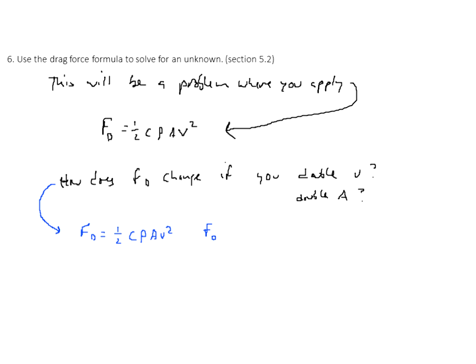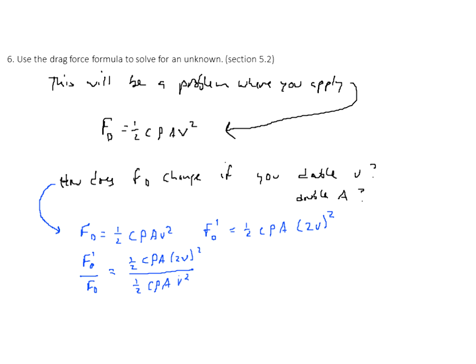So now the new one, we'll call that F prime, is 1/2 C rho A times 2V squared. So the ratio of F prime to F, 1/2 C rho A times V squared.